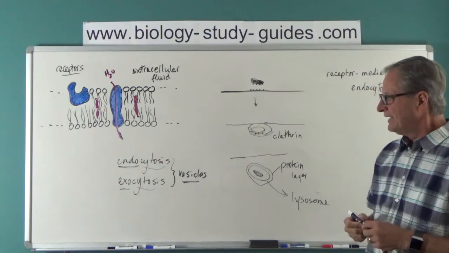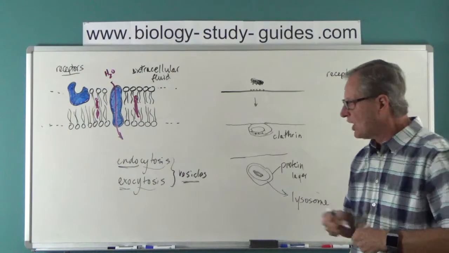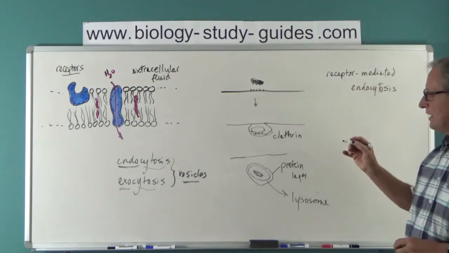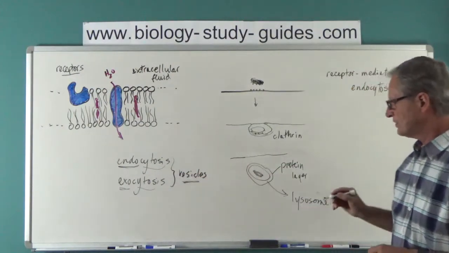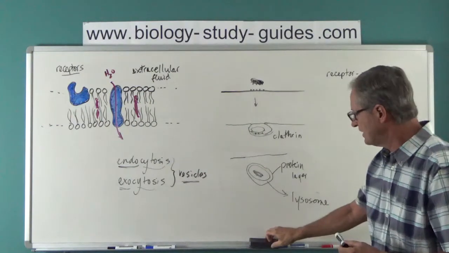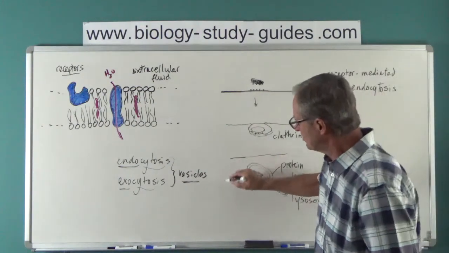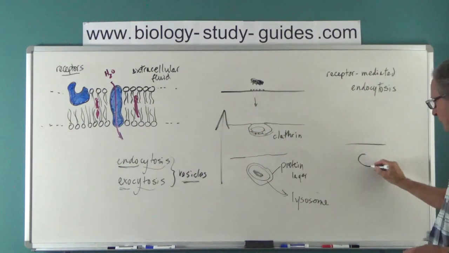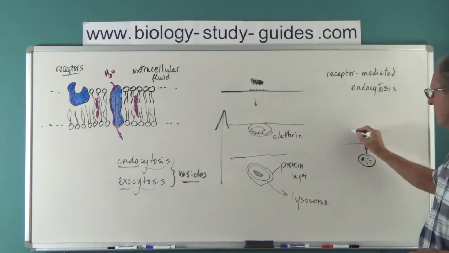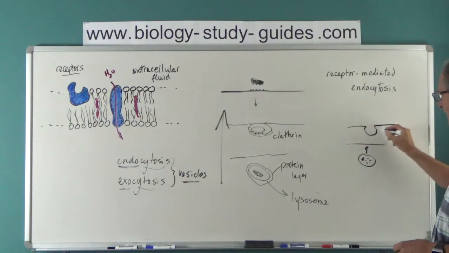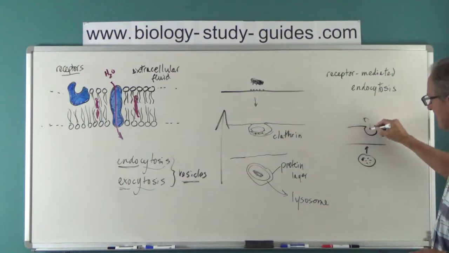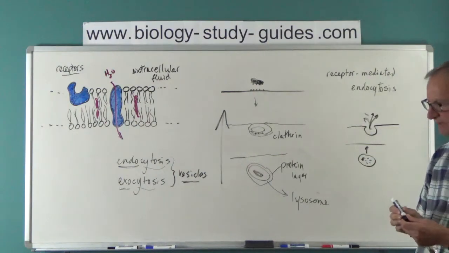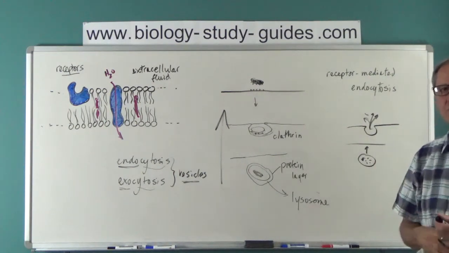Exocytosis is a topic coming up because it's part of the endomembranous network in a cell, but exocytosis is almost the reverse of that, where a cell will produce a vesicle and it's got contents in it. It will go to the membrane, it'll fuse with the membrane, and the contents can be expelled out of the cell. That's exocytosis. Cells release things that way.